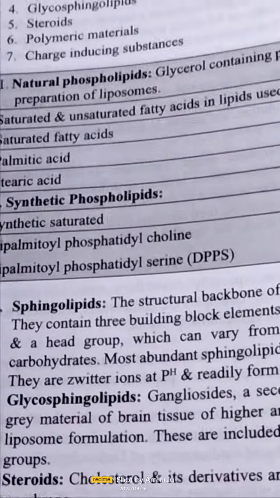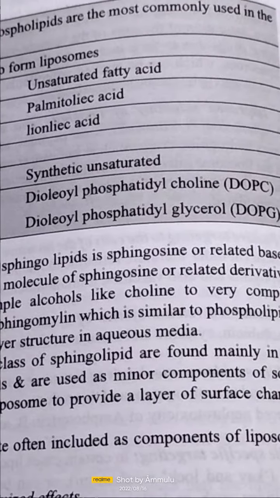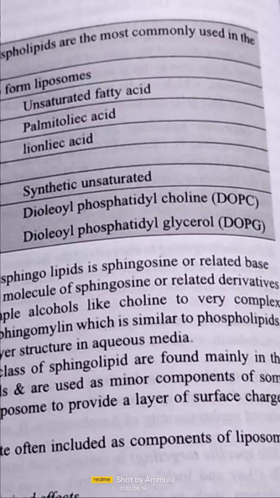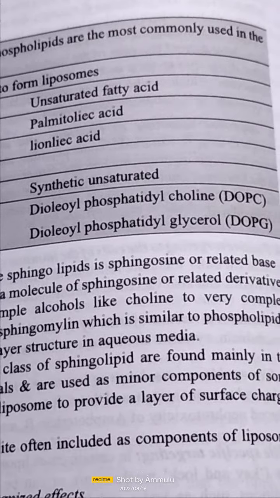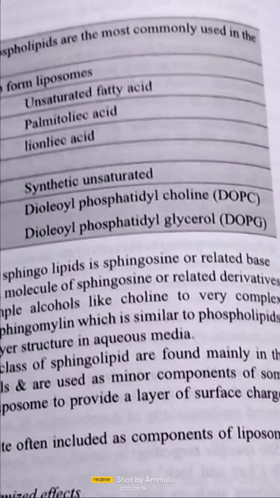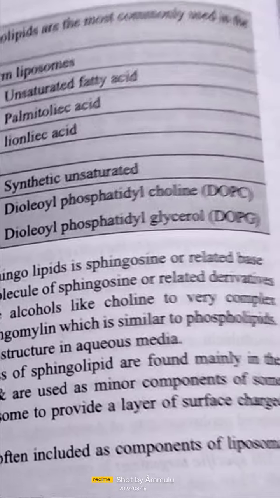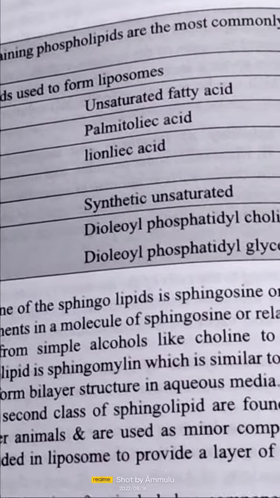When we move to the synthetic unsaturated phospholipids, that is DOPC and DOPG. That is nothing but dioleoyl phosphatidylcholine, DOPC, and dioleoyl phosphatidylglycerol, DOPG.